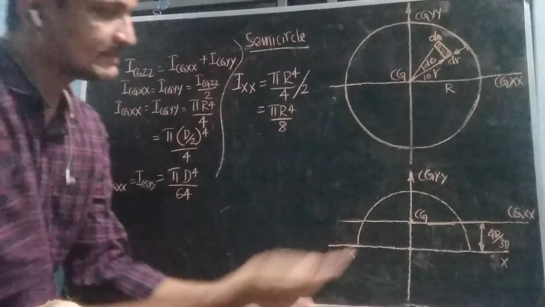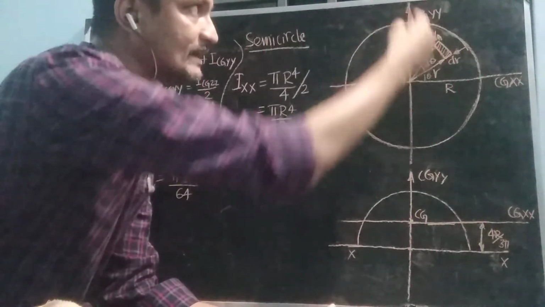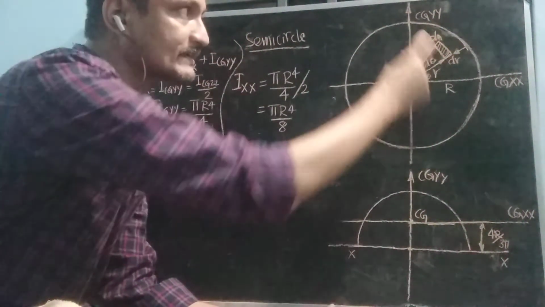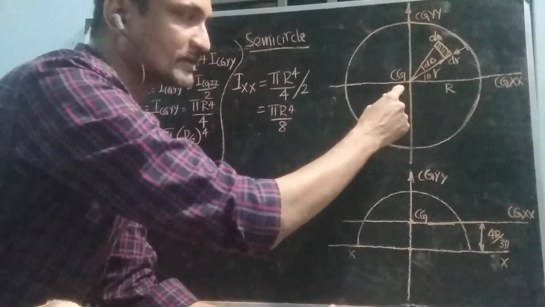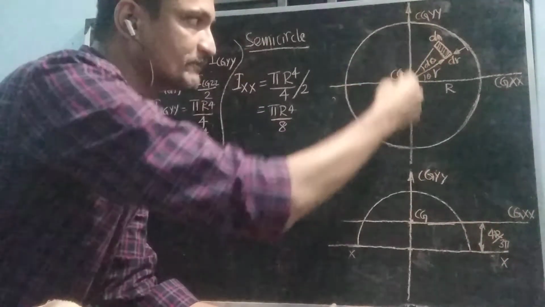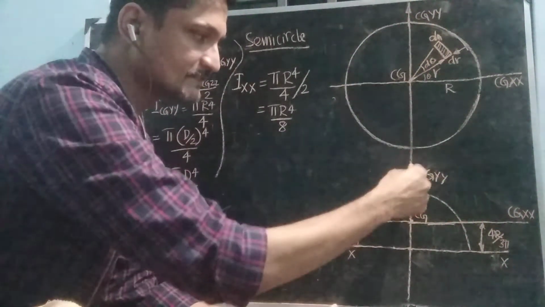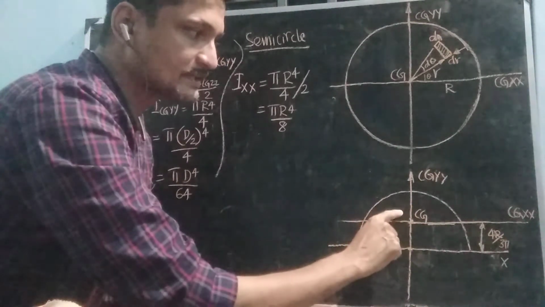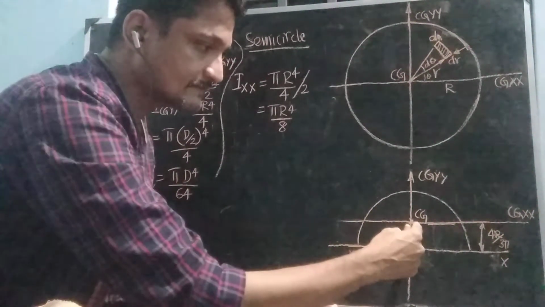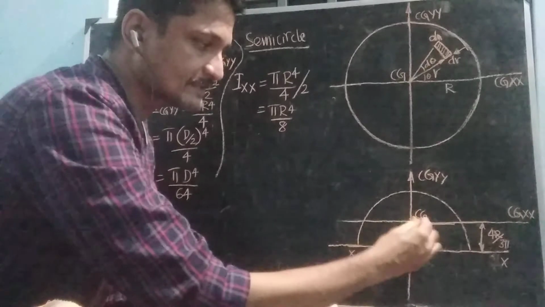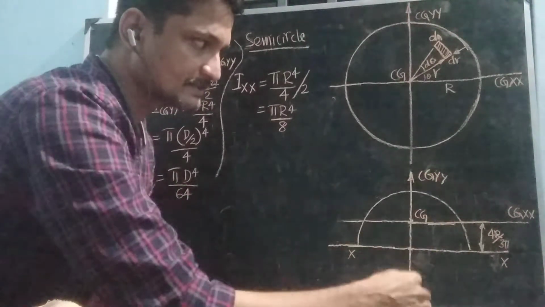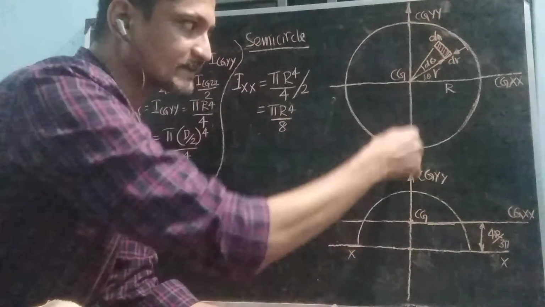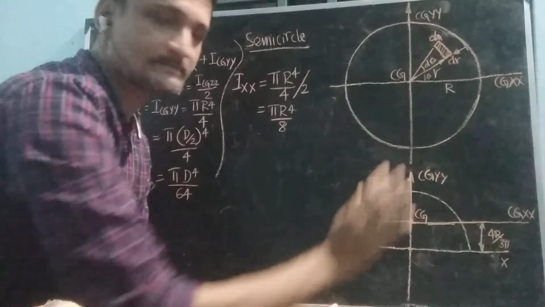Then in the case of circle, CGYY is a y-axis which is passing through CG. That CGYY is exactly the same as the CGYY in the case of semicircle, because CG is here on this y-axis. Both y-axes are the same.